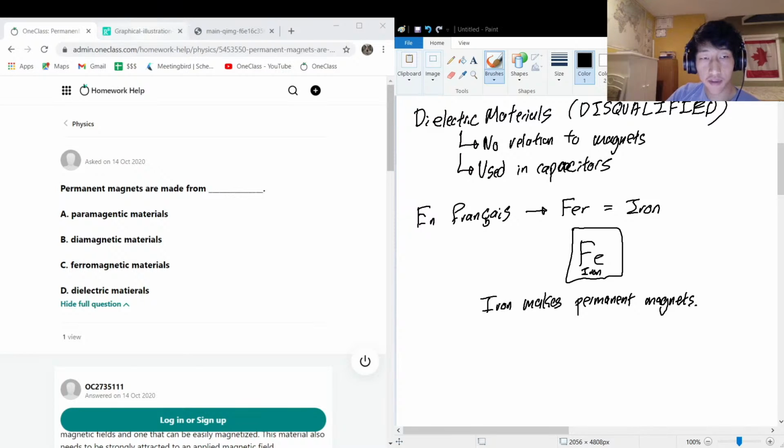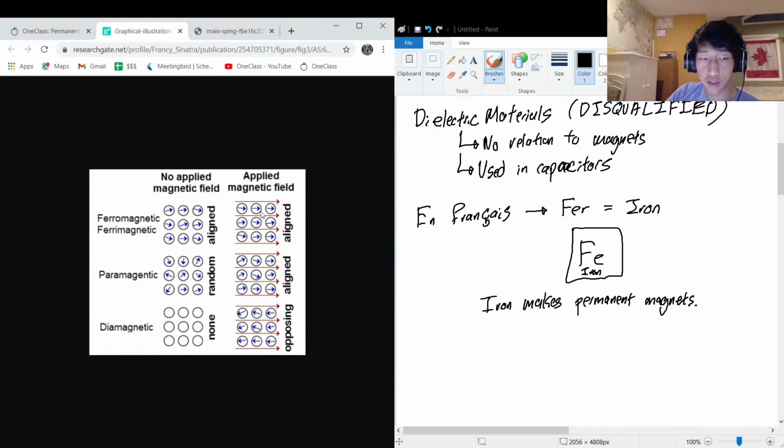Okay, so here I have a nice illustration of how things might look on an atomic scale. These arrows would represent unpaired electrons and the direction of their spin. That really gets deeper into chemistry.